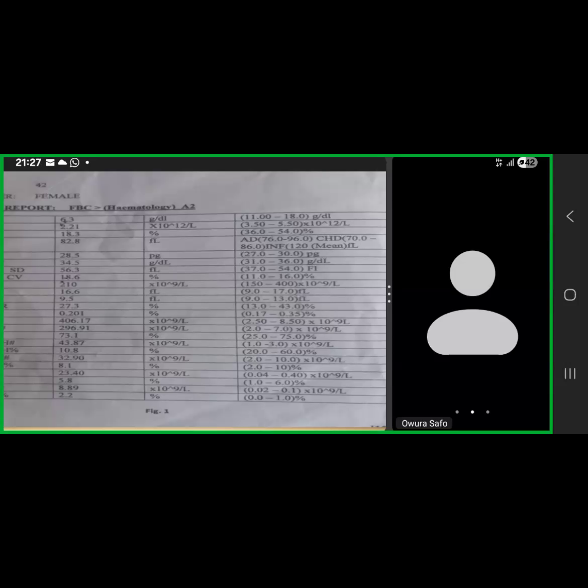With the white cells, I expect to see an increase in the neutrophils and a relative increase in lymphocytes too. With this, it is giving me an indication the patient might be having some bacterial infection or probably viral infection or a mix of the two.